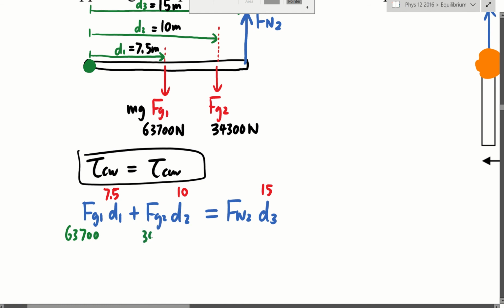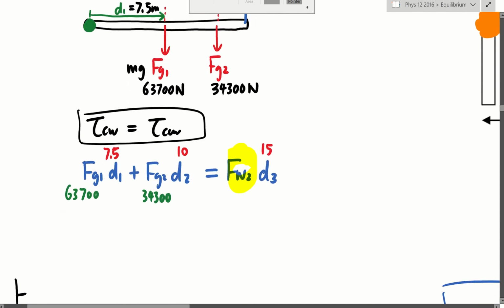Fg2 is 34,300. So the only thing you don't have is the normal force. Just grab the normal force and you're done. Easy. You have to multiply some numbers, add them together, divide by 15, but that's not difficult to do.